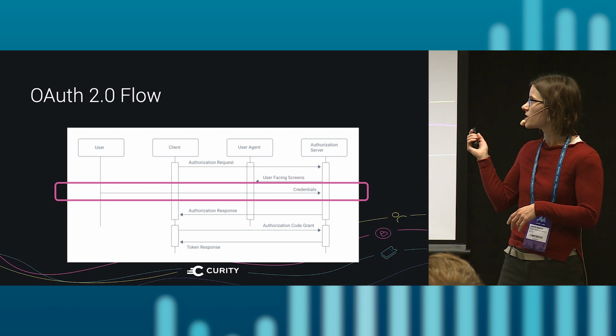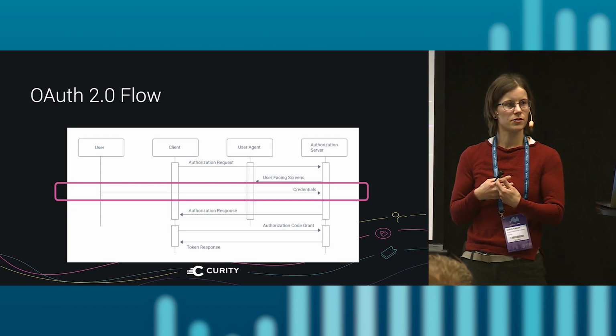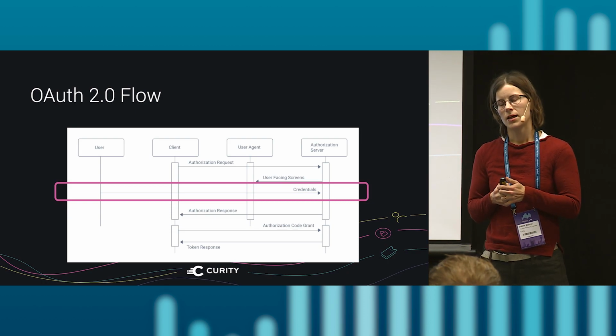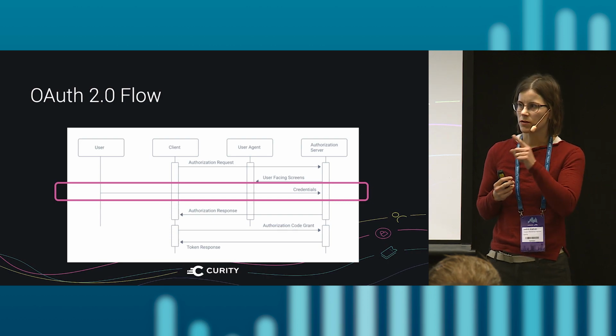So the user approaches the authorization server and says, well, I want you to deliver a message to the client with my grant. And the authorization server answers, I can do that under one condition. I want you to solve a quest first. But that's kind of an artistic freedom. What usually happens is that the authorization server challenges the user to authenticate.